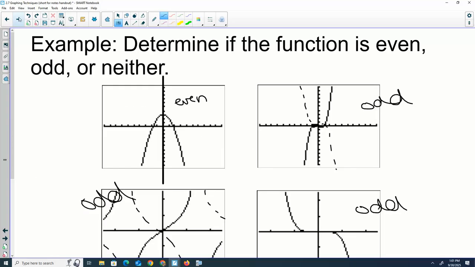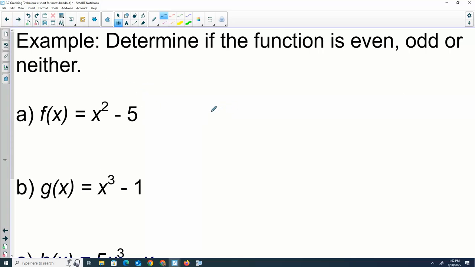So final slide of the day. If I want to check this, all we have to do is do f of negative x. If I plug in a negative, negative x times negative x is positive x squared. And that's what we started with. So that means my function is even.